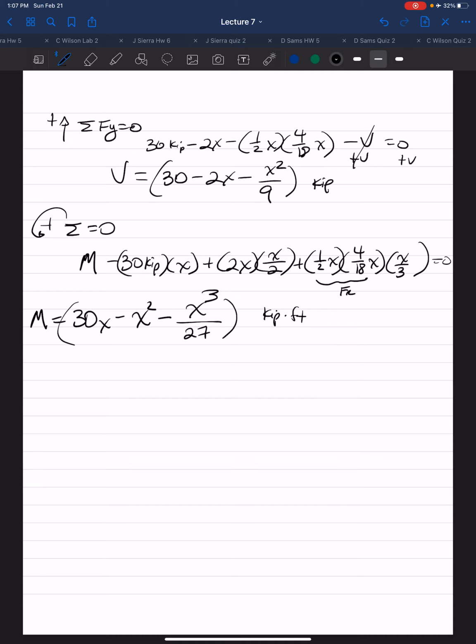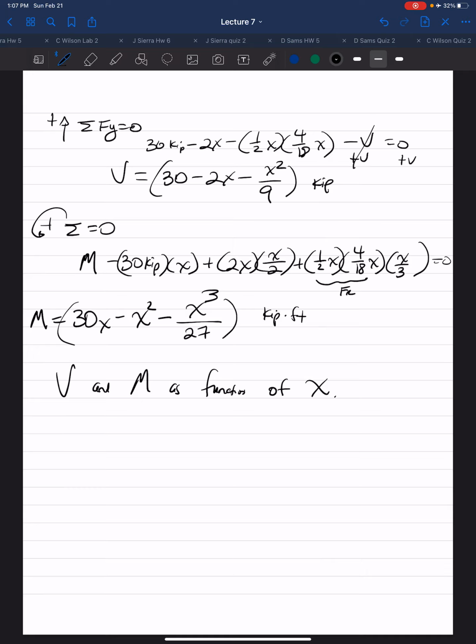So likewise, we now have our V and our M as functions of x. And you can plug it into your calculator to plot, or you can do it by hand as we did with the previous examples.